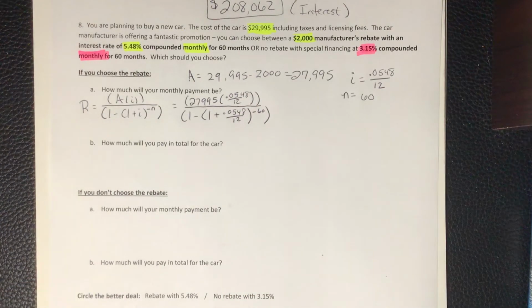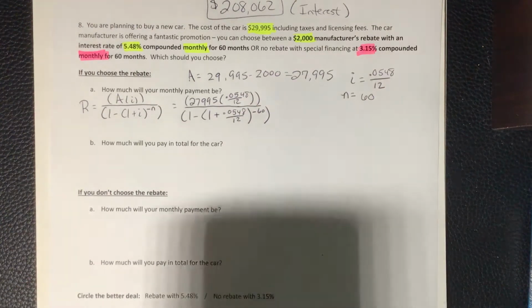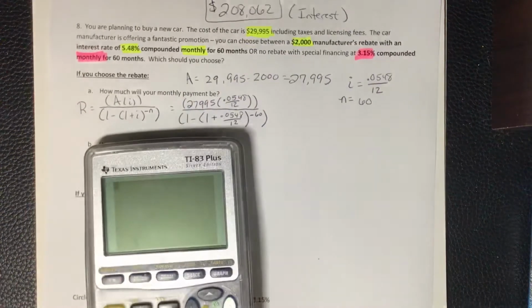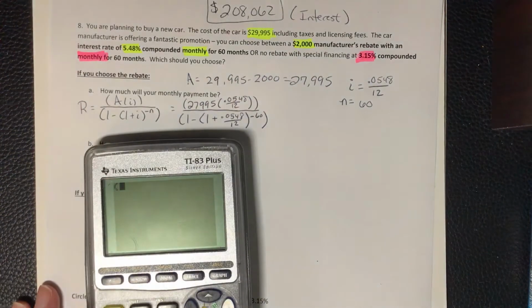Okay, so make sure you keep all those parentheses when you plug into your calculator. All right, so parenthesis 27,995, parenthesis 0.0548 divided by 12. We're going to close, close, and that takes care of the numerator.